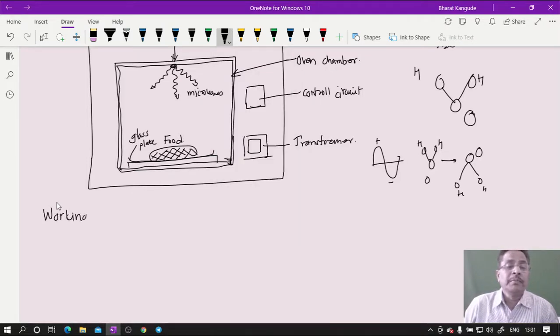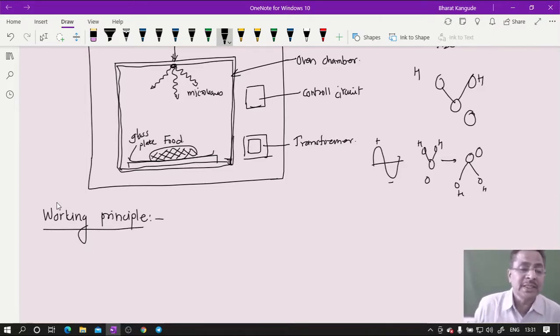Working principle. Now we want to discuss whatever is drawn in the diagram. That itself makes clear what the components of this microwave oven are and so on. So we'll write here.